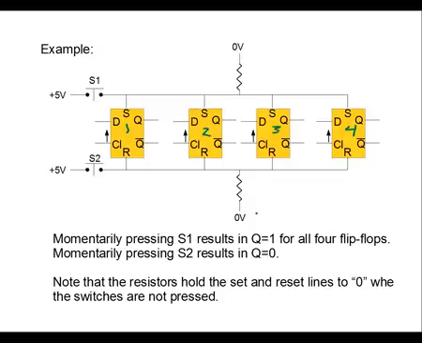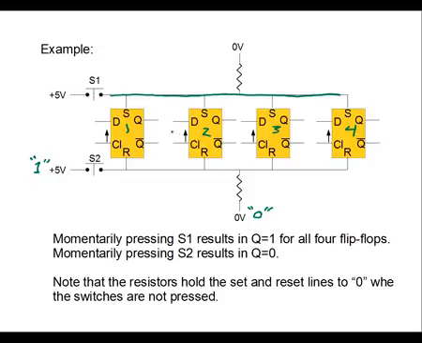So this would be a 0 when we're connected there, and this would be a 1 when that switch connects, because we bring it to 5 volts. The same thing happens to the set. This would be our set line up here. Our set line is normally 0. When we press this button, it will go up to 5 volts.